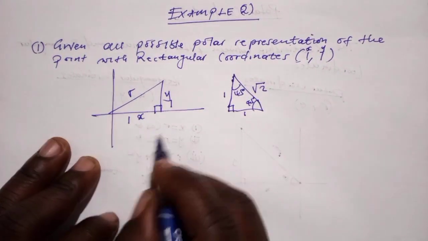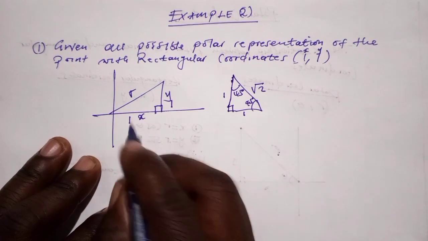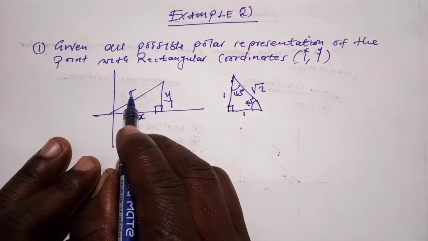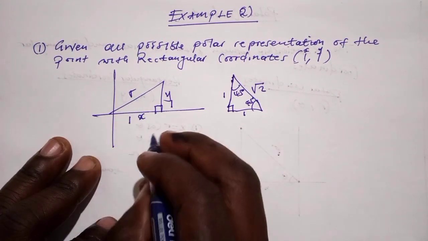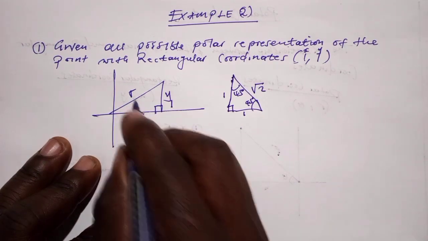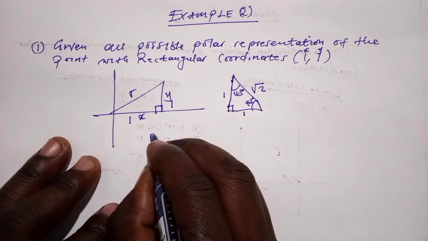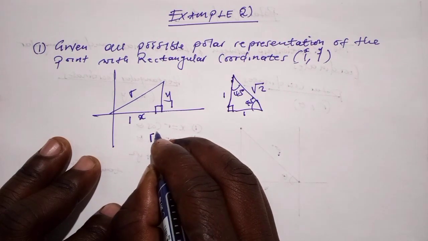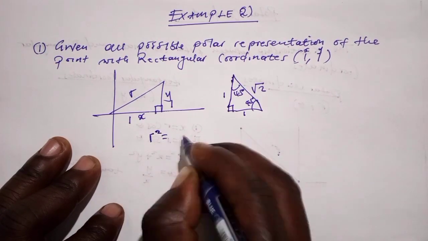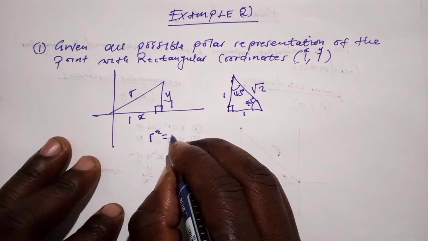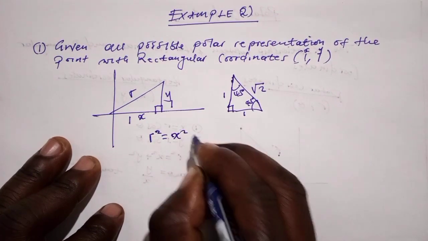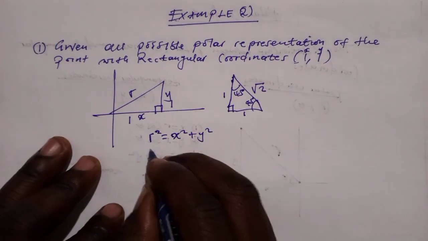So now what we are going to do, because we are asked to find r, so for finding the r we have to introduce the Pythagorean theorem, in which r squared equals x squared plus y squared.